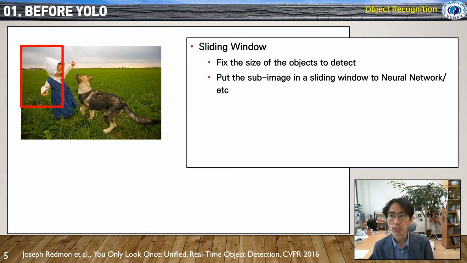Okay, I said object recognition is divided into before YOLO and after YOLO. Before YOLO, there are lots of algorithms, but I just want to explain one algorithm, the sliding window. This is the algorithm to fix the size of the object to detect and put the sub-image in a sliding window into a neural network.